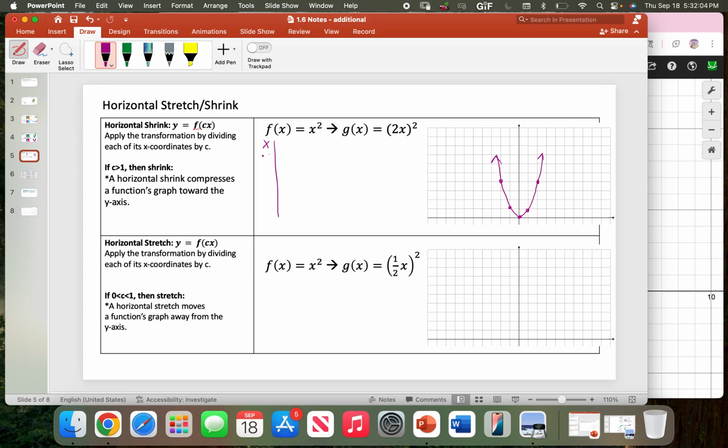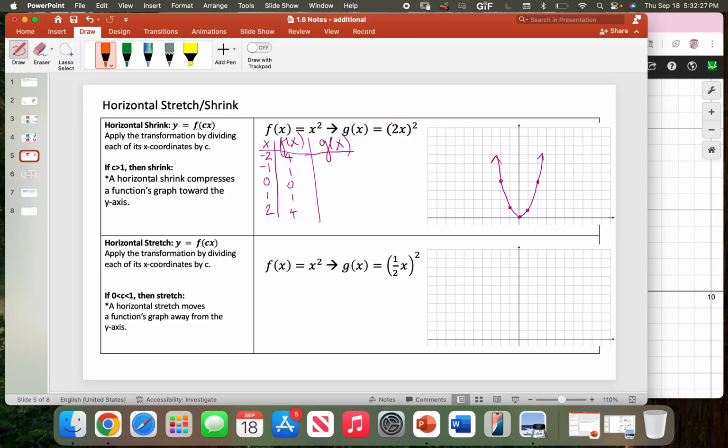So we still have that negative 2 to positive 2. And if we want to calculate on the table, we're going to divide the x coordinates by c.